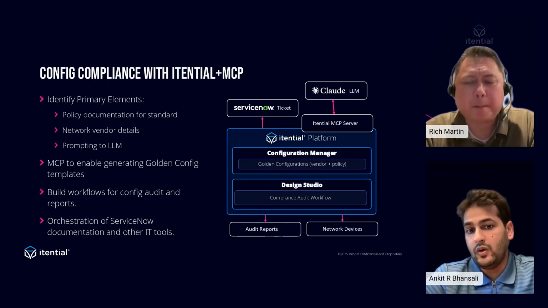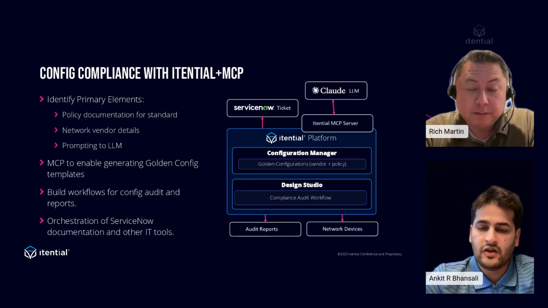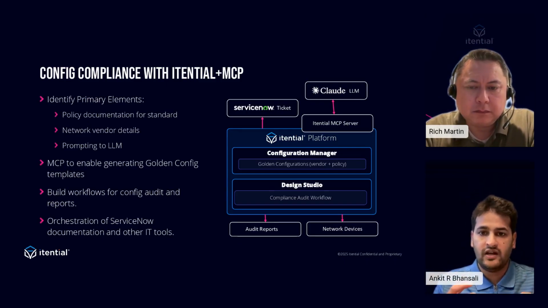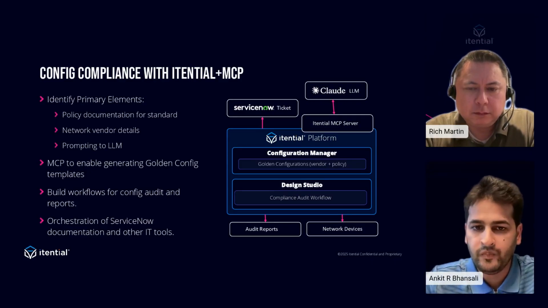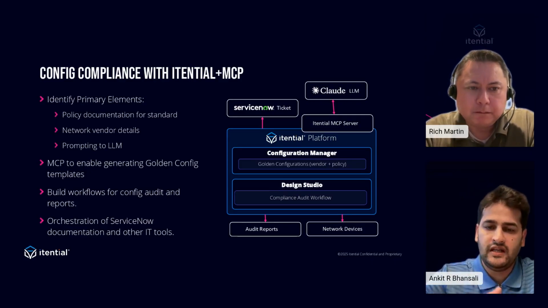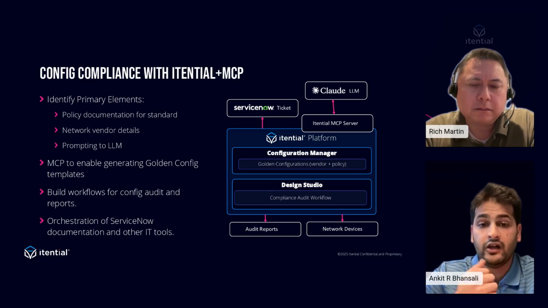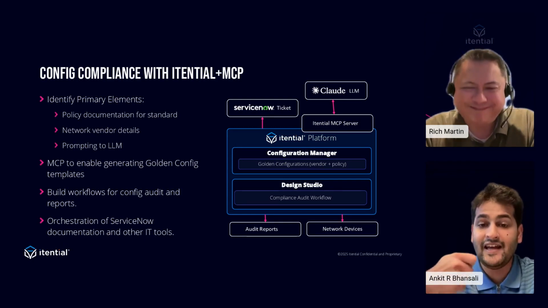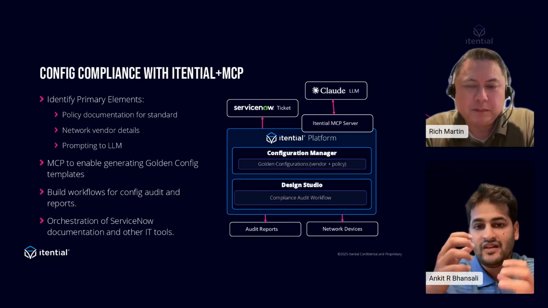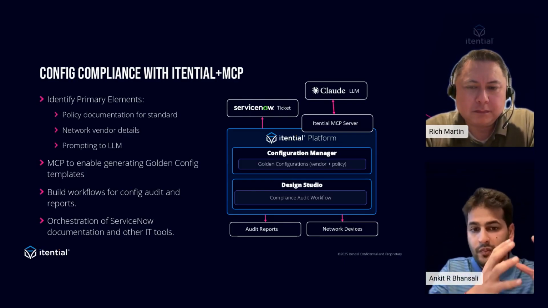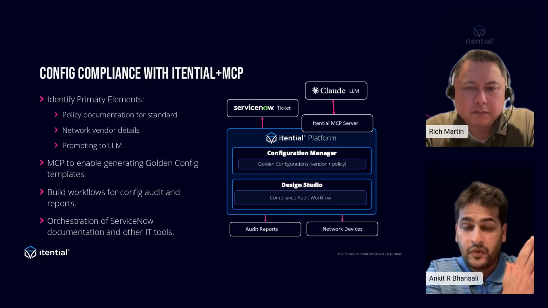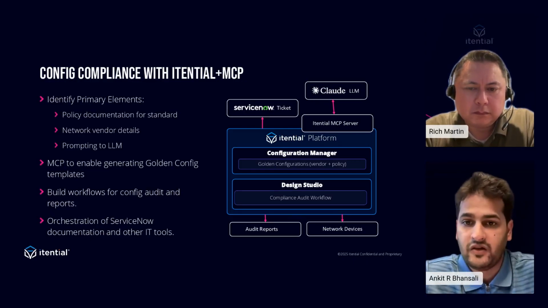Right. And in this case, what we are leveraging is the MCP server from Itential. So it understands how Itential functions and how to talk to Itential when you're trying to build things in the platform. So what we're going to do is use the prompt to tell Claude to first go research your crazy document, and then based on that, set up the right requirements to build a compliance framework inside of the Itential that is tied to that compliance requirement.